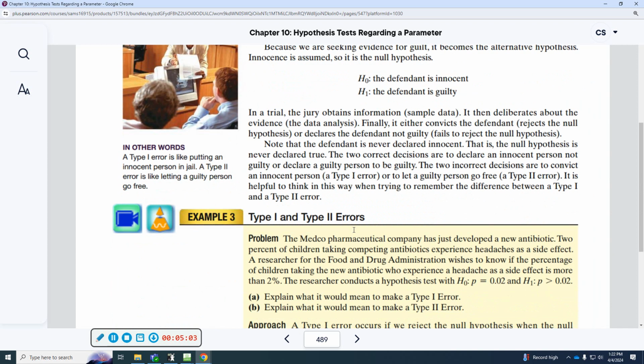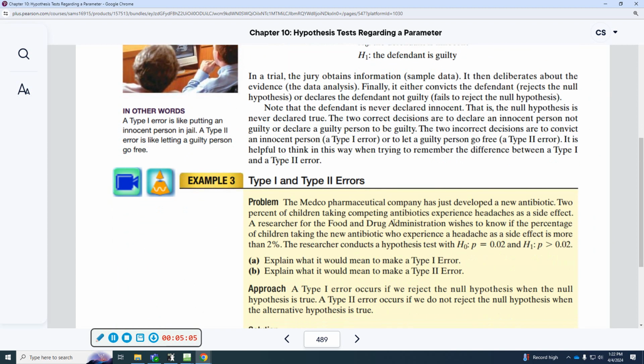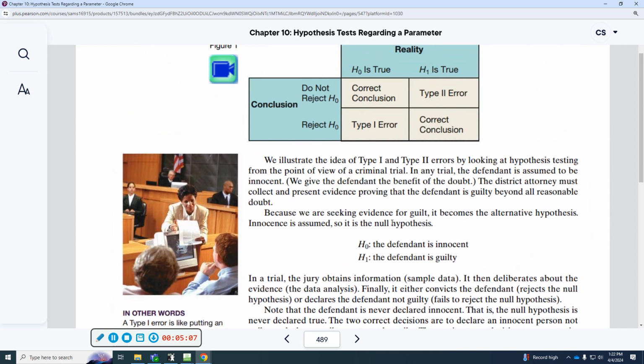If you go through this reading, it explains that the type 1 error would be convicting someone who is innocent. We're trying to prove their guilt, we have evidence and we say that this person is guilty when they should be considered innocent.